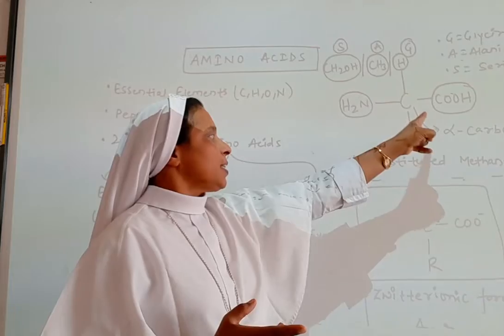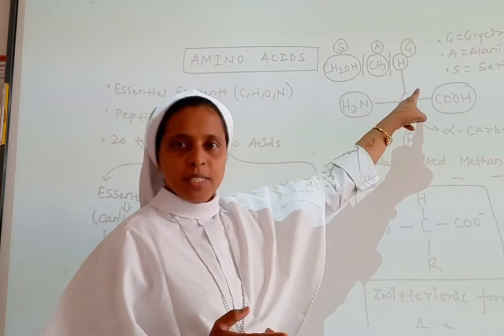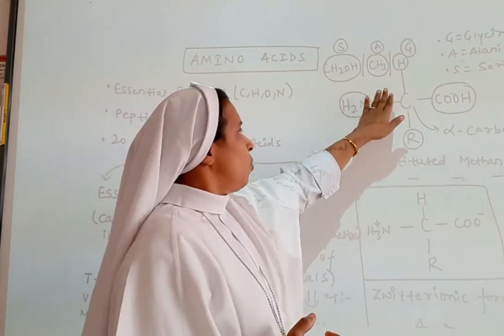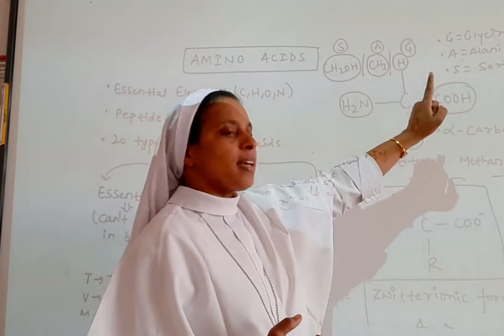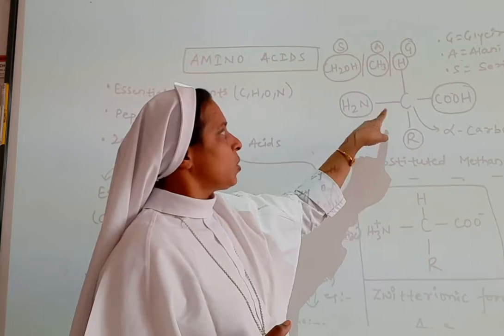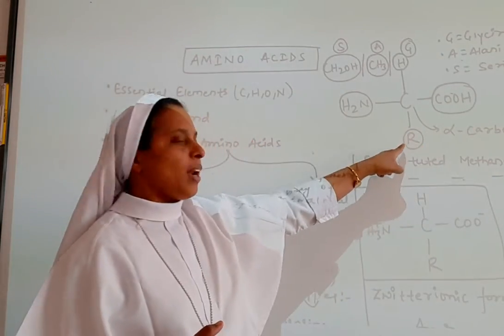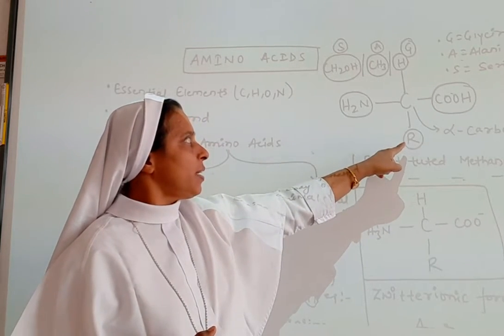See here the structure of amino acid. See, alpha carbon is present here, that is in between. Then one hydrogen is attached to it. Then one amino group is attached to this side, and opposite to it a carboxylic acid group is attached. One R, any alkyl group could be attached here.